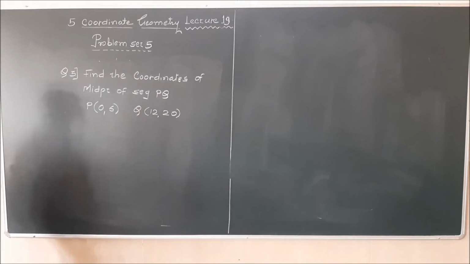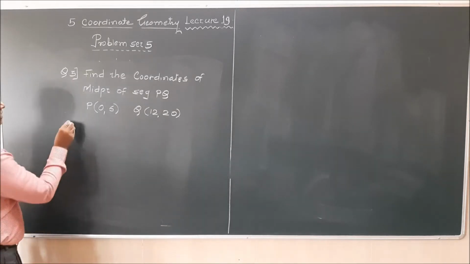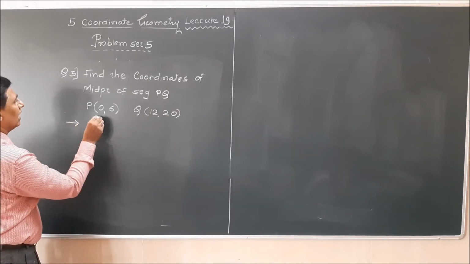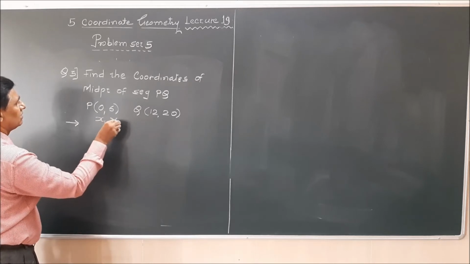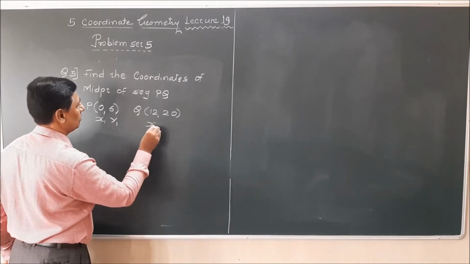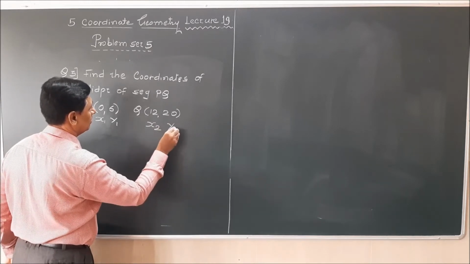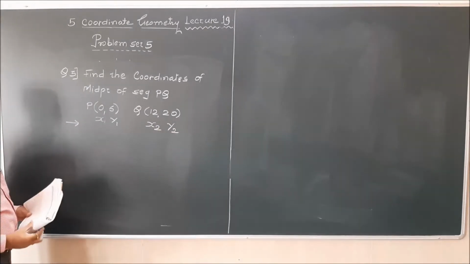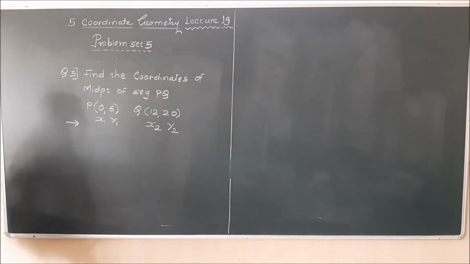Very simple. You label the coordinates of P as x1, y1, and the coordinates of Q as x2, y2.